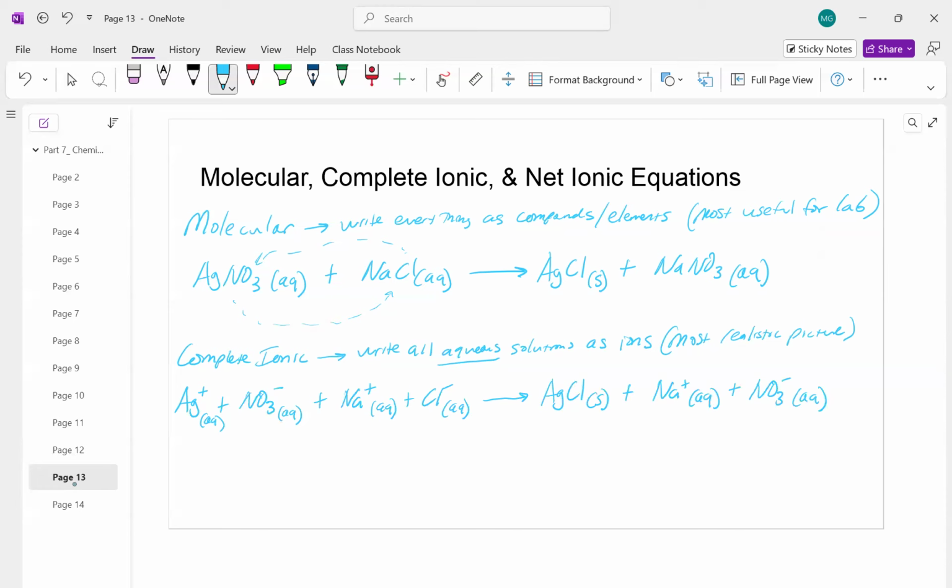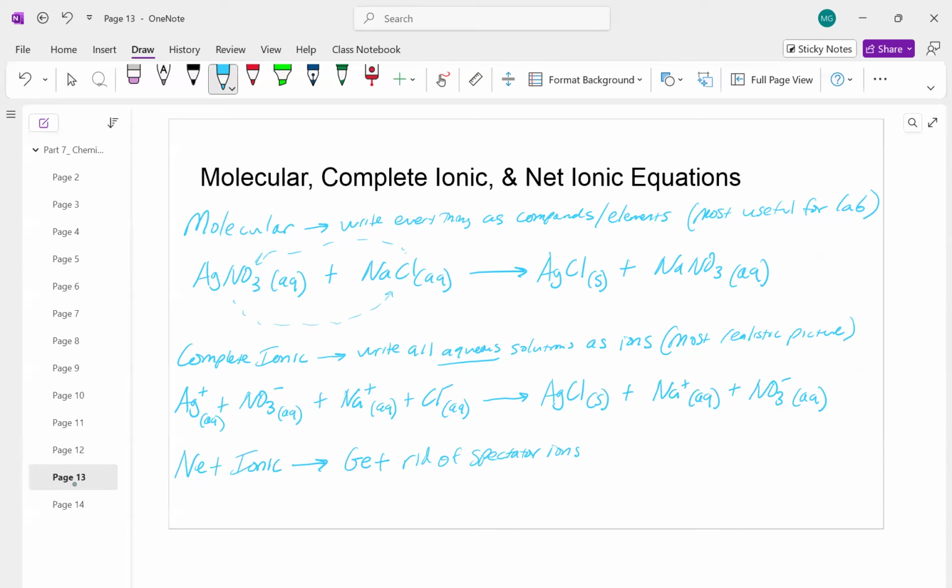Now, finally, what we can do with that complete ionic equation is write what we call a net ionic equation. The purpose of this is it simplifies the complete ionic equation where we're going to get rid of spectator ions. What do you think that means if I say a spectator ion? Think of it like a spectator in a sport. If you're at a Laker game, are you participating?